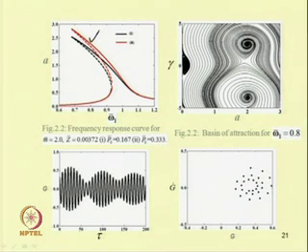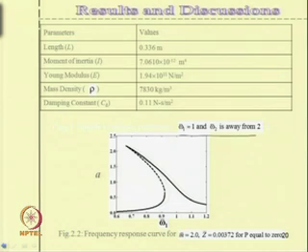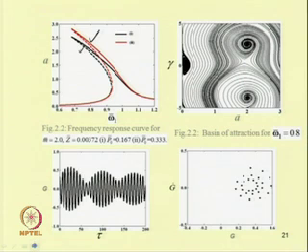Here the response is plotted for a higher static load, and this is the response plotted for a lower static load. In this case, one can observe that when omega 1 bar is nearly equal to 0.8, we can have two solutions.